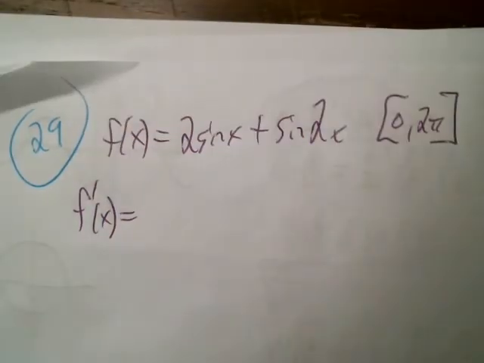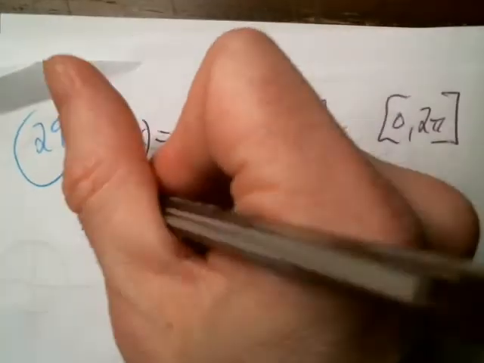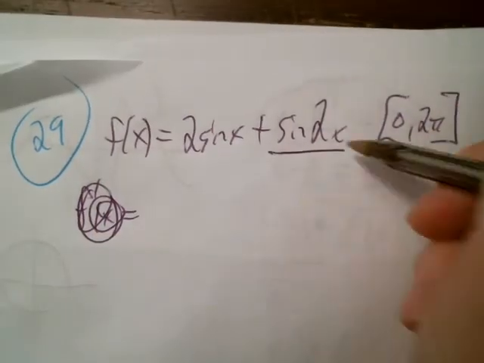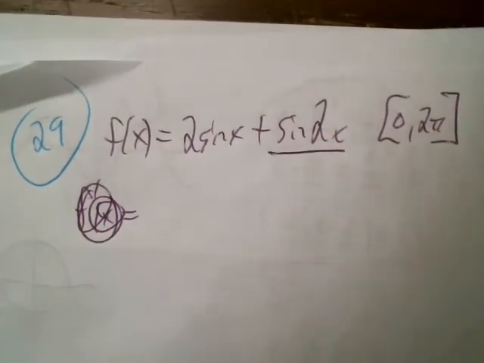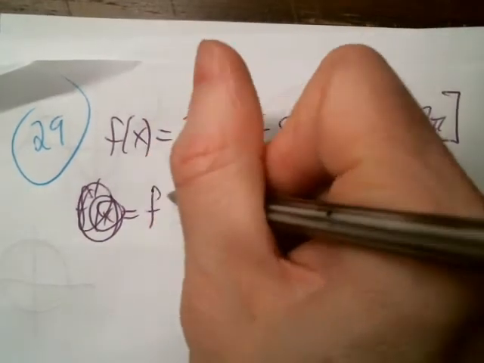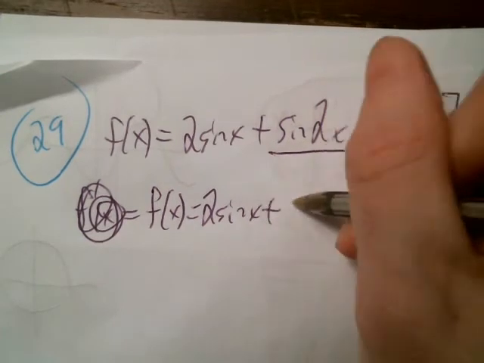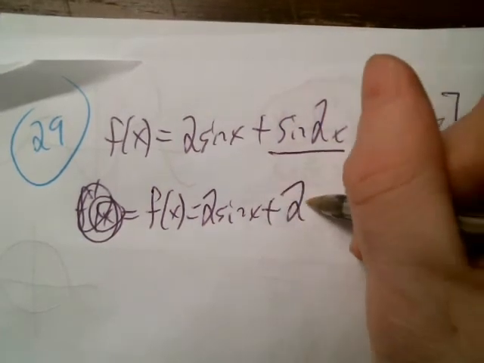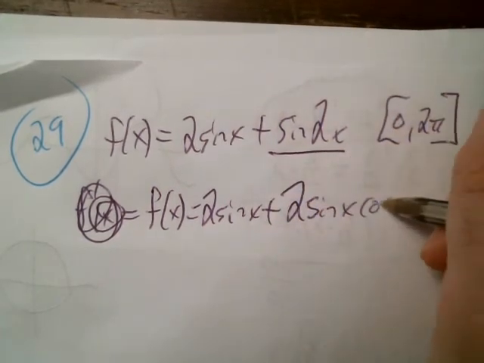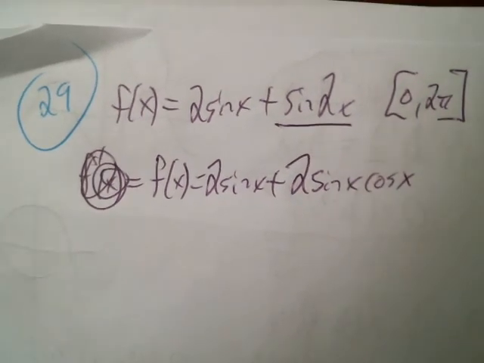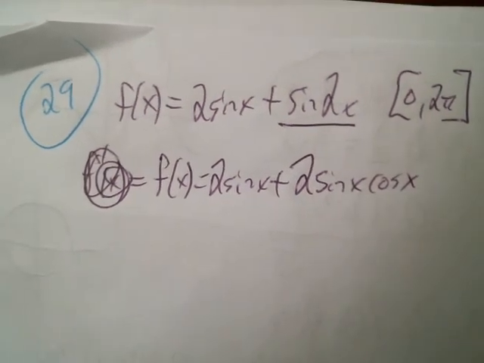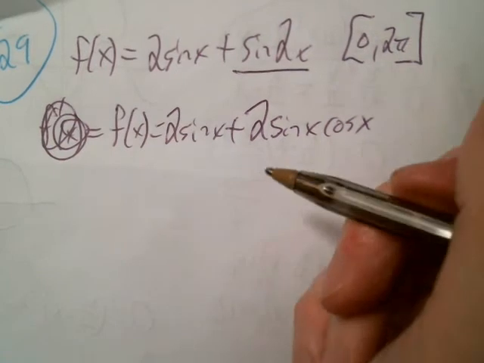And for setting it equal to 0, it may be in your best interest to go ahead and rewrite this as 2 sine x cosine x. So I would go 2 sine x plus 2 sine x cosine x. Hopefully I got that identity right. If not, it's going to be a real mess, but I'm 90% sure I'm right.